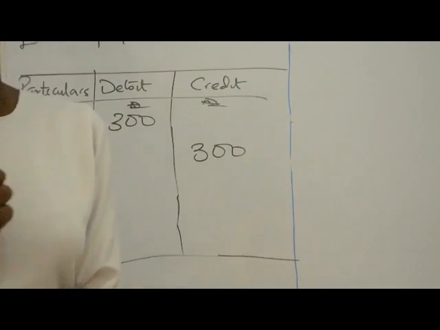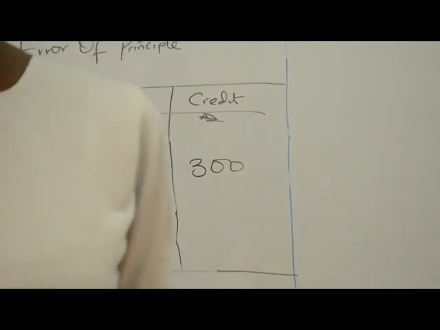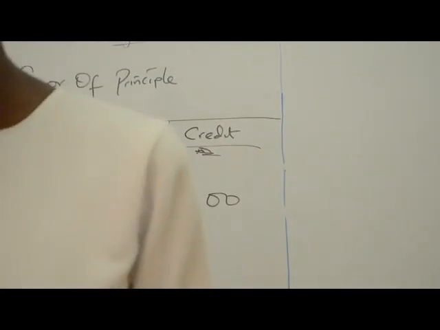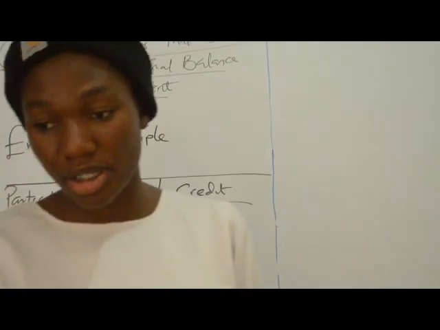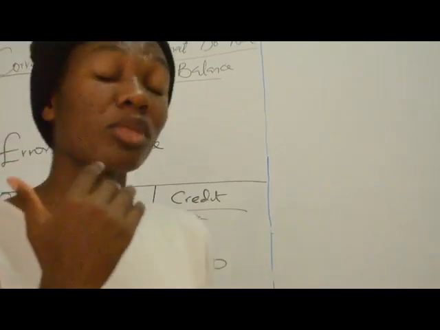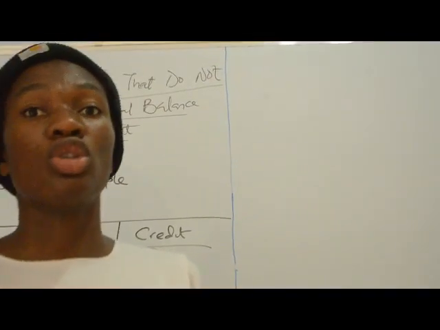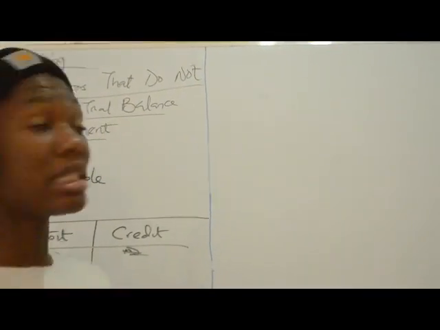Now we're taking our next example quickly. We have a purchase of furniture for 50 naira that was entered in furniture expenses account. It's also a purchase case.